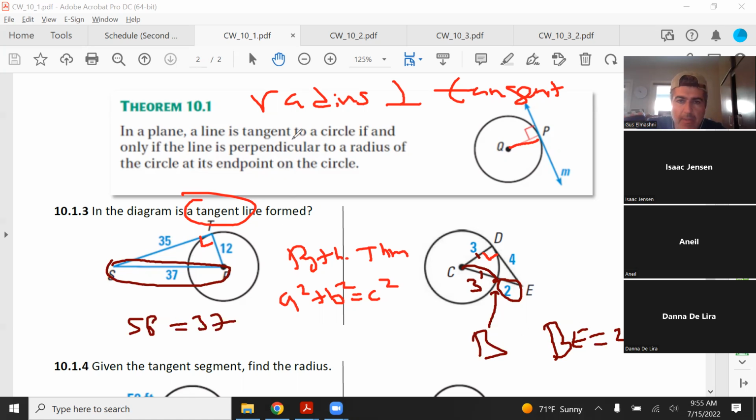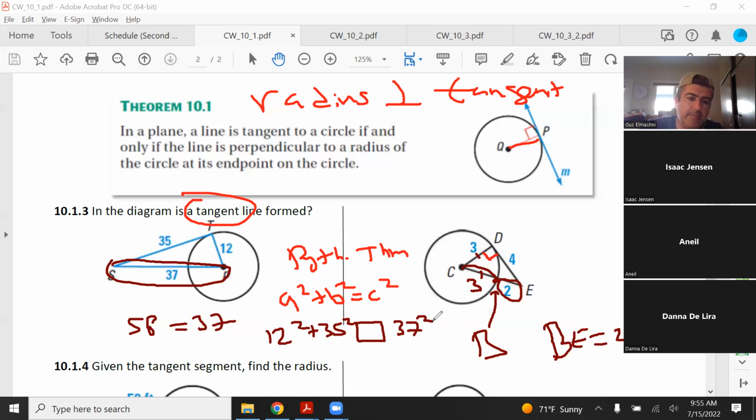But we're just going to use the Pythagorean theorem to see if we're forming right angles here, if both these are right triangles. So I'll do 12 squared and 35 squared, and compare to 37 squared.